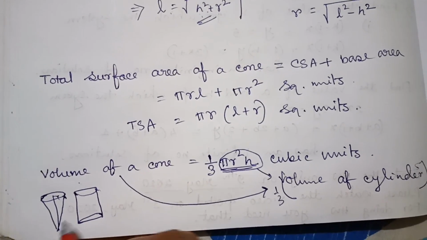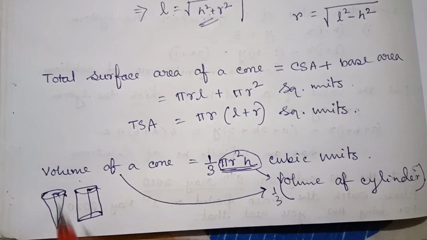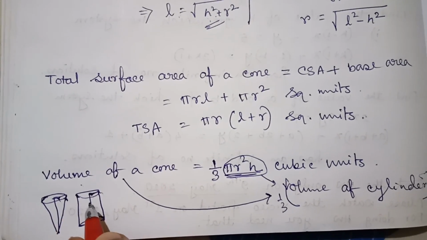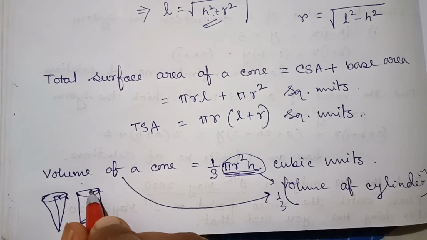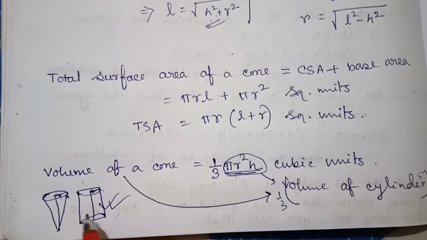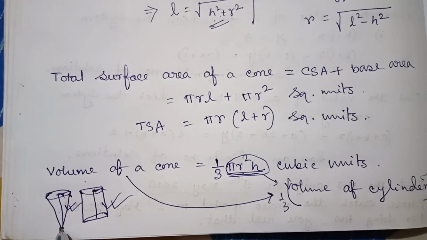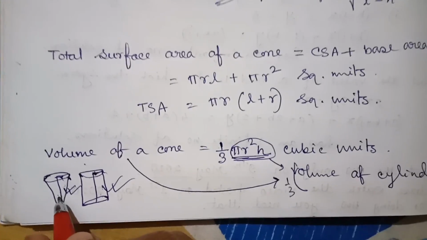This height is the same for both and their radius is also the same. Then to make this right circular cylinder full, you need 3 times full of this cone.